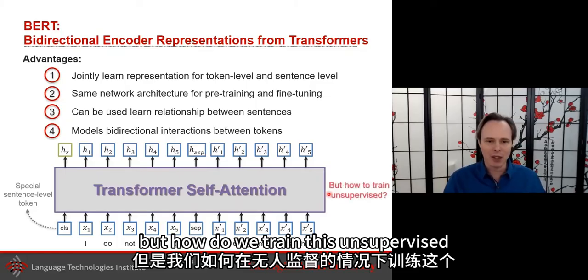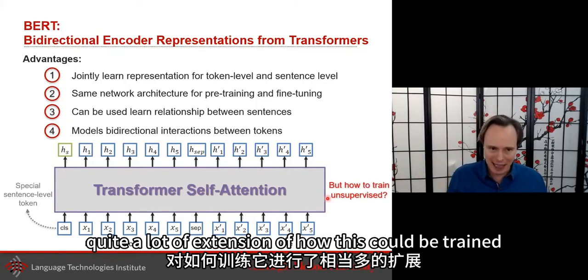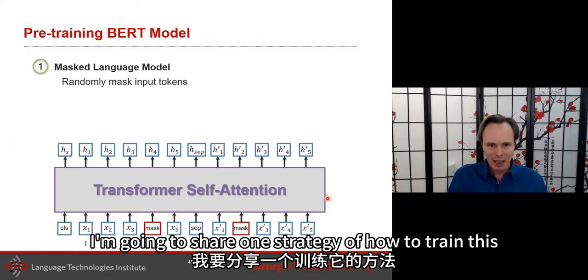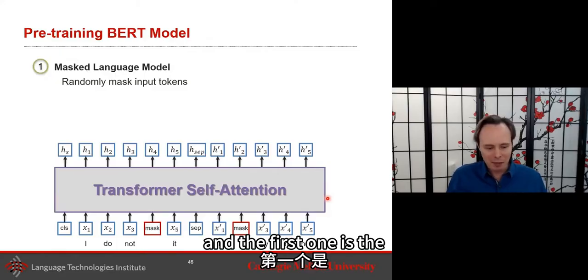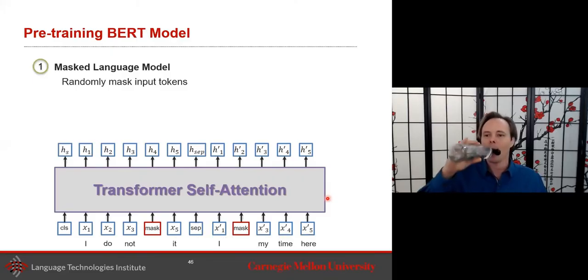But how do we train this unsupervised? There's quite a lot of extensions of how this could be trained. I'm going to share one strategy of how to train this. The first one is the distributional hypothesis idea.